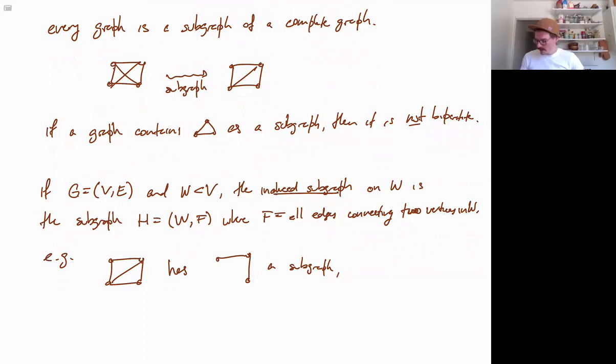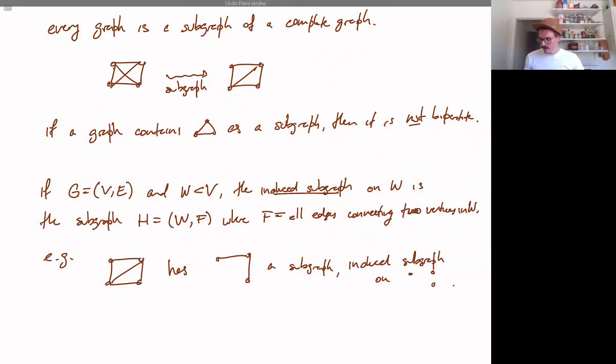In fact, it is the induced subgraph on these three vertices of our graph. Because if we take these three vertices, what are all the edges of this graph that we can draw between them? Well, it's just this edge and this edge. And that is what is happening in our subgraph.